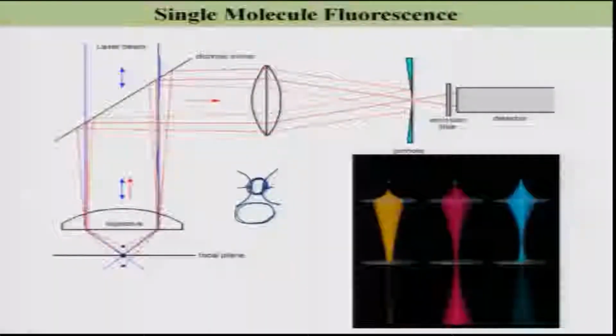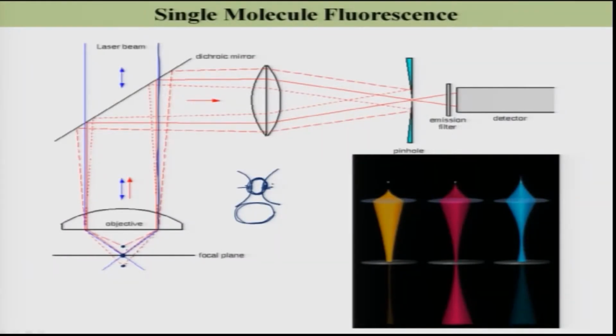Now keeping this pinhole position the same, do not move it, if you follow the ray diagram of light originating from this particular position, it will go like this way, and this part is blocked over there. So it cannot reach the detector.